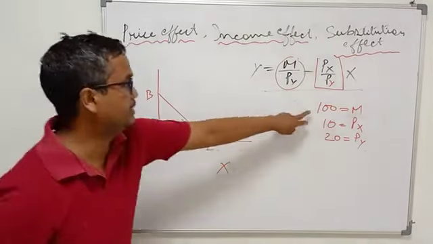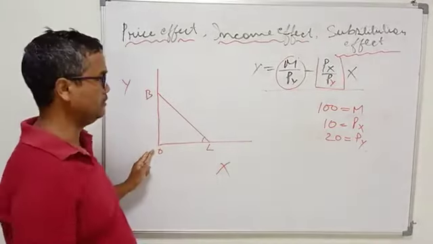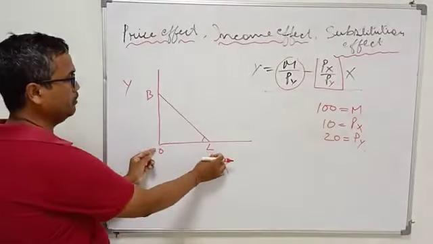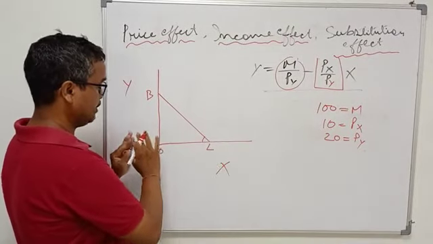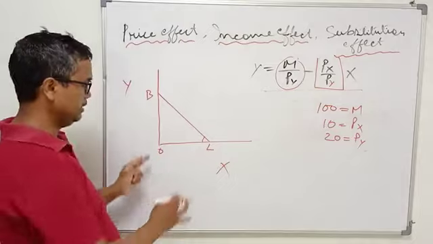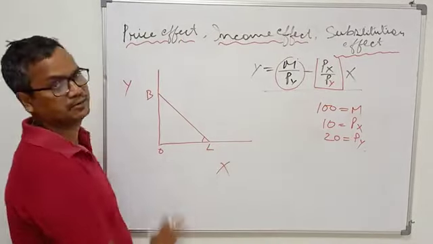With 100 rupees, how much can I consume? In numerical form it will be 10 units, but in terms of variable, OA amount we can purchase. If I only consume x, with zero amount of y, then I can purchase with whatever money I have. That is the maximum amount, OA.